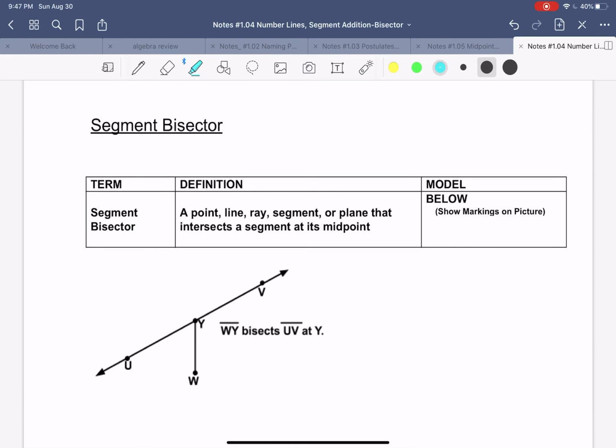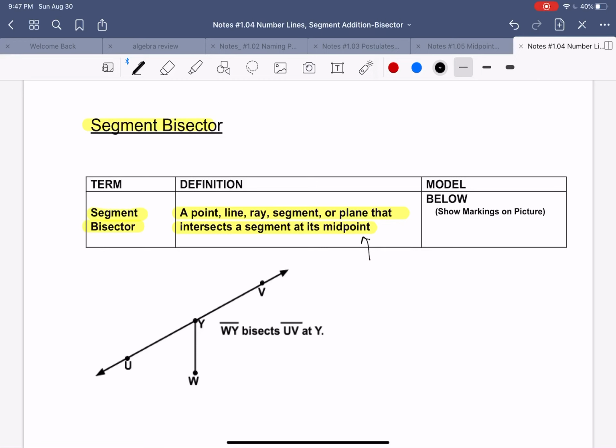All right, a segment bisector. Again, another term that we need to go over. Okay, so a segment bisector. Okay? It's a point, line, ray, segment, or plane that intersects a segment at its midpoint.